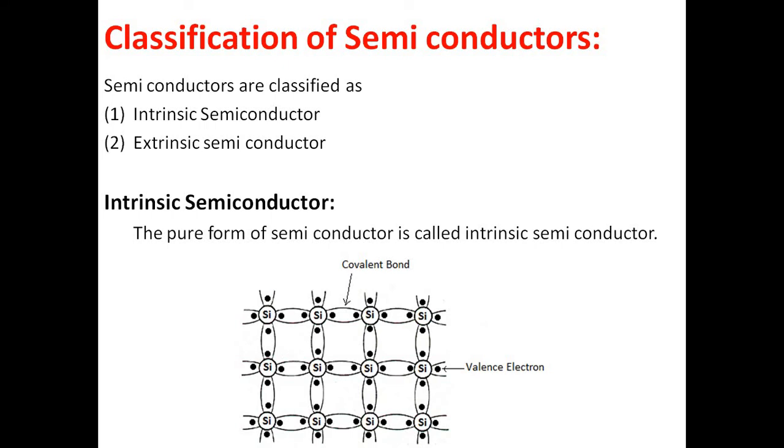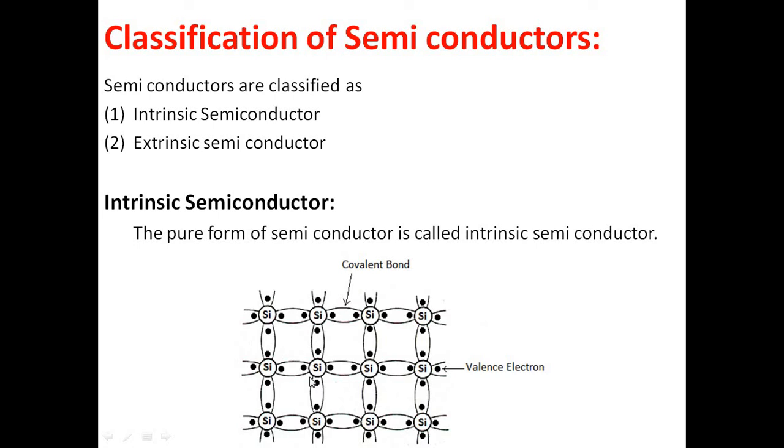Now, let us go through the basic covalent bond structure, or the crystalline structure, of the silicon atom. Now see here, it is making covalent bonding. The silicon atom has covalent bonding with the adjacent silicon atoms with the help of 4 valence electrons.